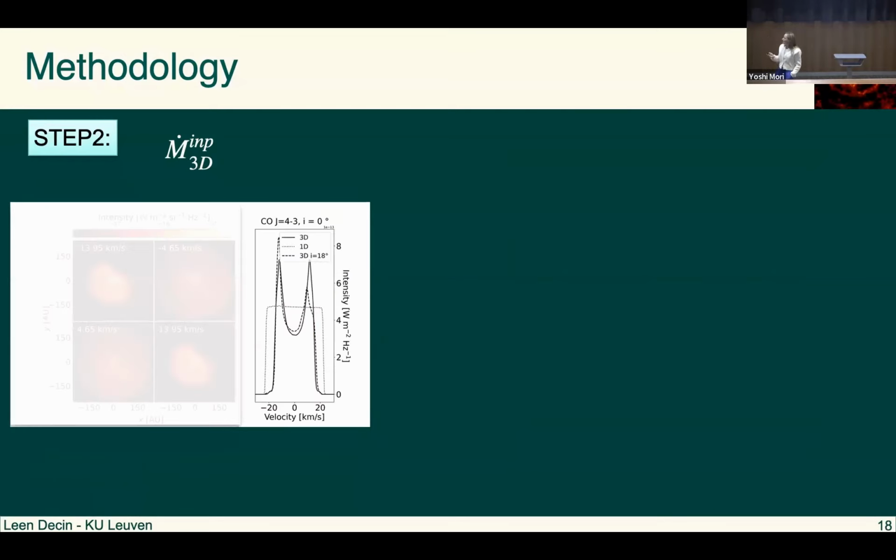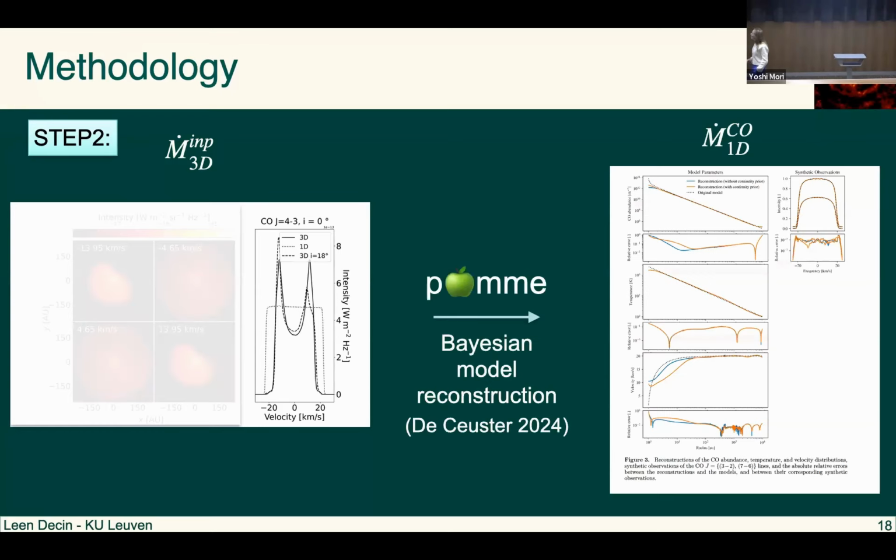Second step. What he then has been doing is we have now this information. I just hide the channel maps. I only have now the line profiles. And then Frederik de Ceuster, the same of Magritte, has developed POMME. POMME is just the inverse of Magritte.